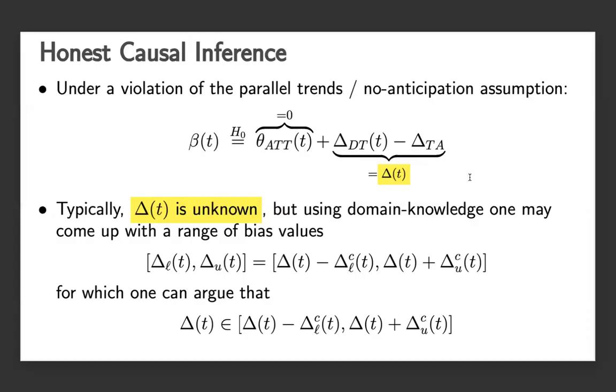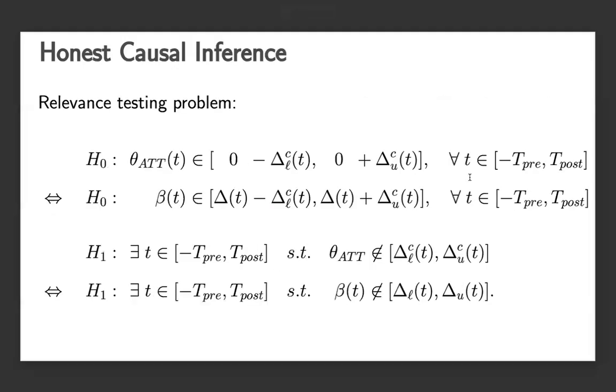So if we cannot know delta t exactly, we need to use domain knowledge to come up with a range of bias for delta t, and then use it to translate our original null hypothesis, theta ATT equals zero, to a new composite null hypothesis, which considers the variation of the delta t that we may have. Because we don't know what exactly delta t is, we need to come up with a range of biases for delta t and then use it for doing inference. And this is how we achieve honest inference under violation of model assumptions, okay?